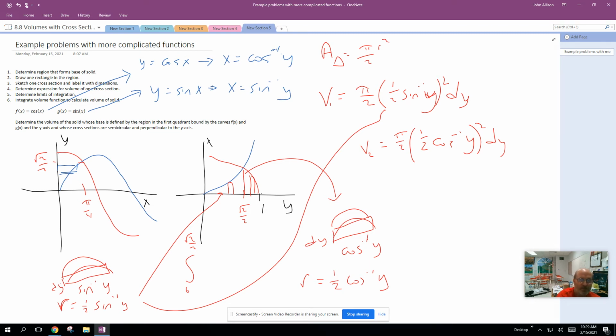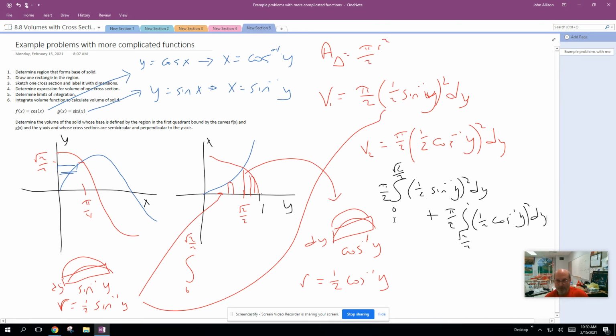So when we set this integral up, we're going to be looking at the integral from 0 to the square root of 2 over 2. We'll put pi over 2 on the outside, and then on the inside is the 1/2 sine inverse y squared dy, plus pi over 2 times the integral from the square root of 2 over 2 to 1 of 1/2 cosine inverse y squared dy.